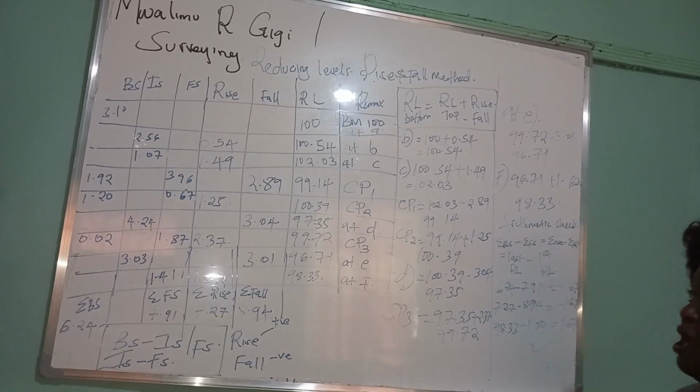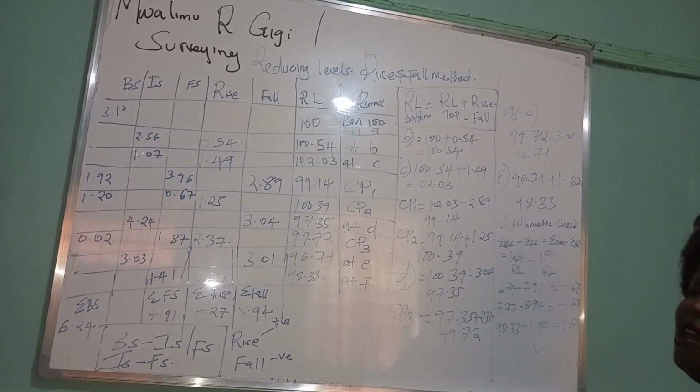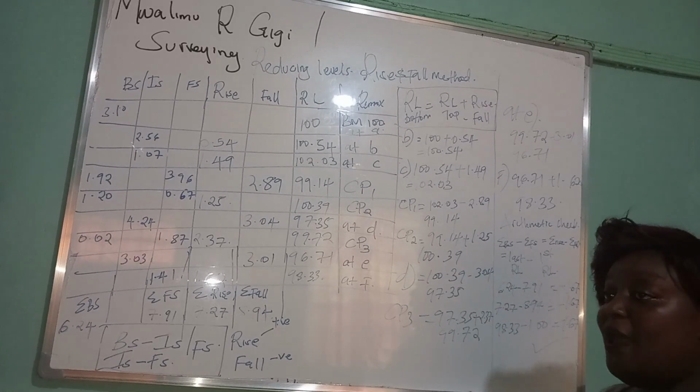So you are reducing levels correctly using the rise and fall method.